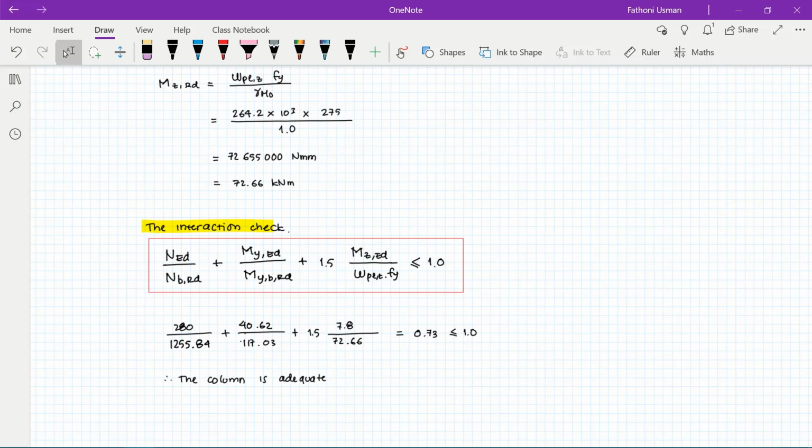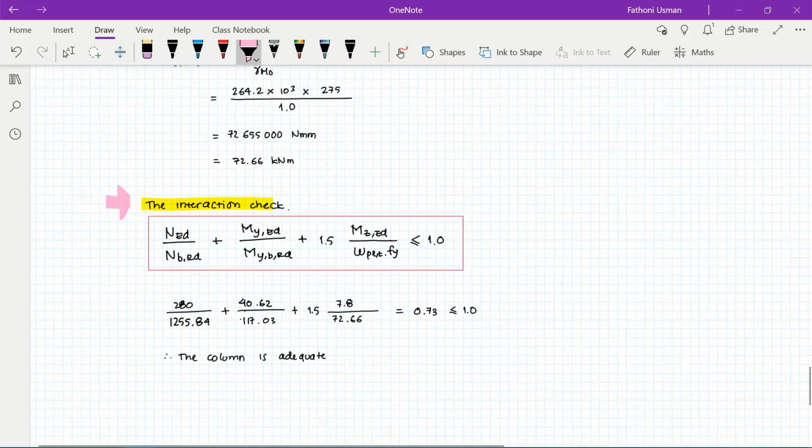And then the next step is the interaction check. So this is the interaction formula: NED over NBRD plus MYED over MYBRD plus 1.5 MZED over plastic modulus about Z times Fy, and then the summation of these three values should be less than or equal to 1.0.